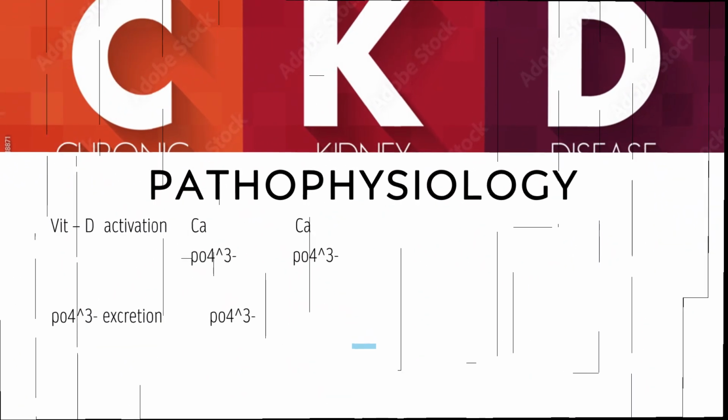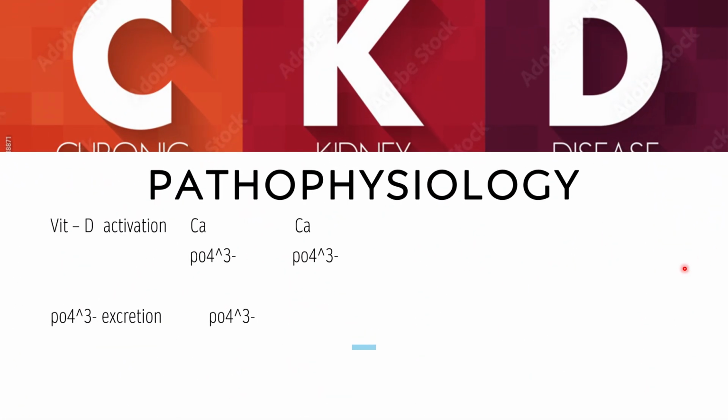So let's talk about the pathophysiology of CKD. So as we see, vitamin D activation, calcium, phosphate. So what is the scenario? As we know, the vitamin D activation is reduced. So calcium is reduced, and phosphate excretion is reduced.